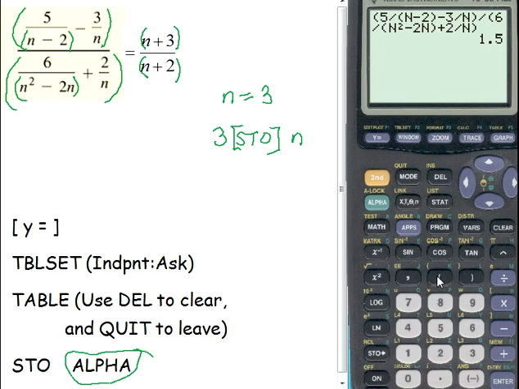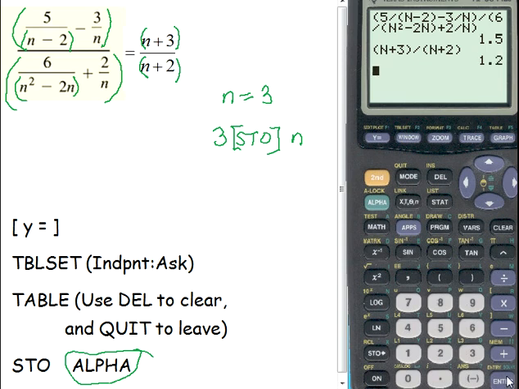Open parentheses, N, which is alpha log, plus 3, close parentheses, divided by, open parentheses, N, plus 2, close parentheses. I put an X instead of that. Let me go back and make that an N, alpha log. Okay. And then hit enter.